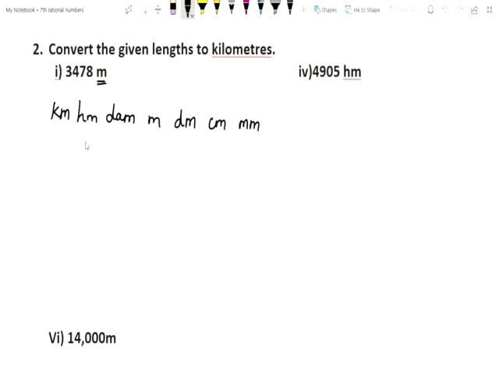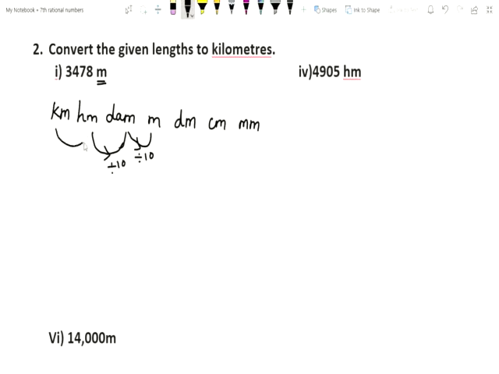So smaller to larger we are moving. So we need to divide. Smaller to larger, what do you want to do, children? We have to divide. So divide by 10. Each step we have to divide by 10. First step, divide by 10. Second step, divide by 10.